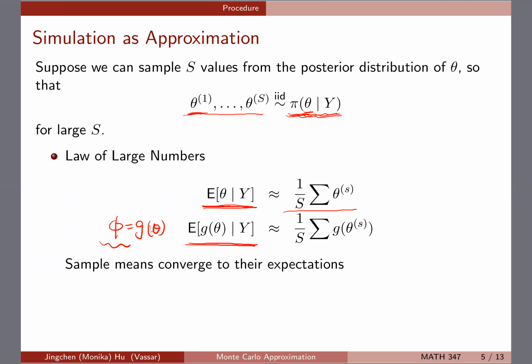And then because of this relationship, you can get a bunch of draws for phi. If you take the average, that will be a good approximation to the analytic solution. So this is the basic theory foundation based on which we've been using Monte Carlo approximation. I hope this is intuitive enough.